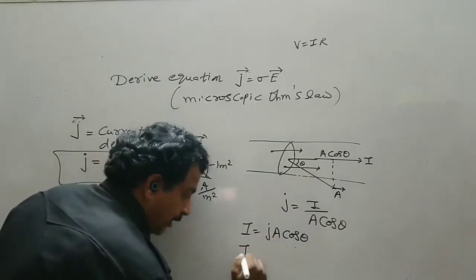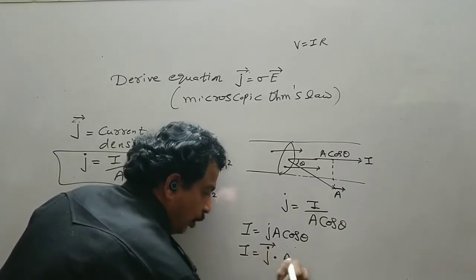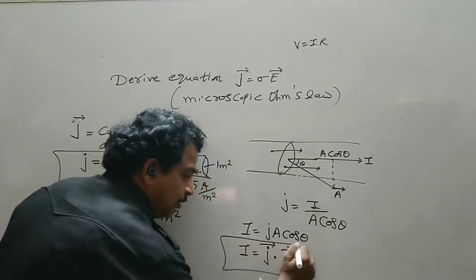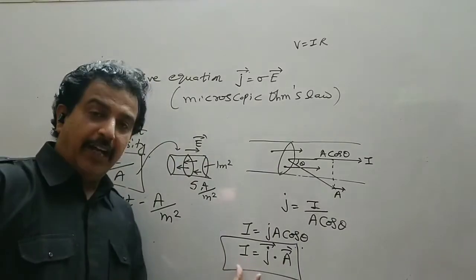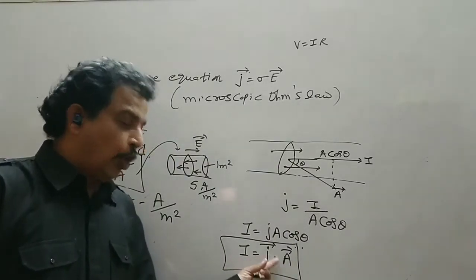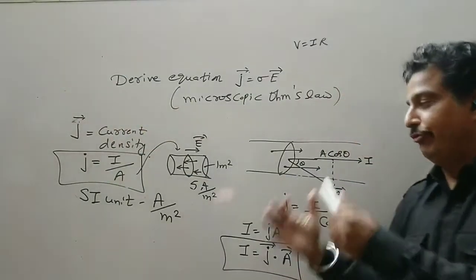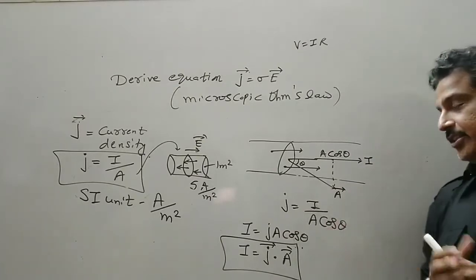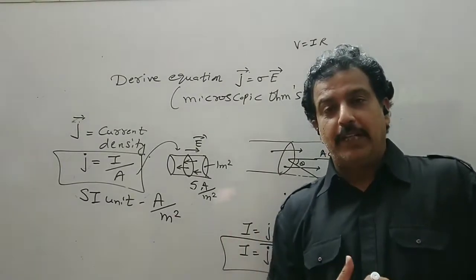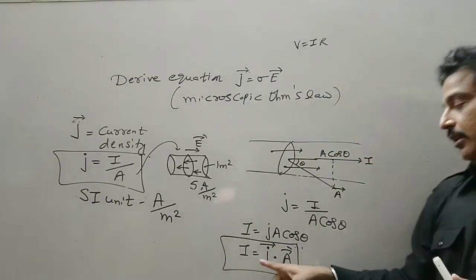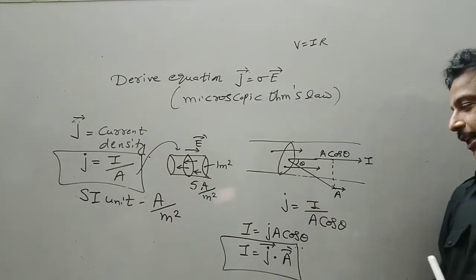So J should be a vector quantity so that we get a dot product of J and A. So I is also defined as J dot A, where J is the new physical quantity, that is current density. So I have another formula at the microscopic level. It can be called the dot product of current density and the cross-sectional area.